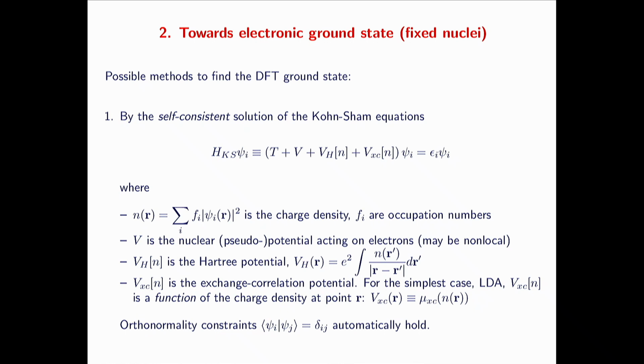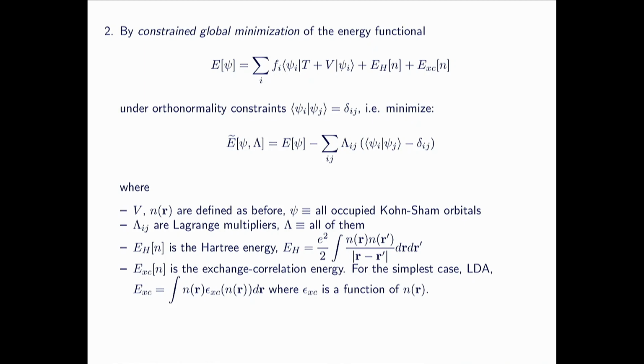So you have to solve for Kohn-Sham orbitals under a potential that depends upon the solution themselves. So you have to do some self-consistency. And this is one possibility. So you solve those equations self-consistently, with the charge density that depends upon the Kohn-Sham orbitals, and ensuring orthonormality constraints. But this comes out almost automatically.